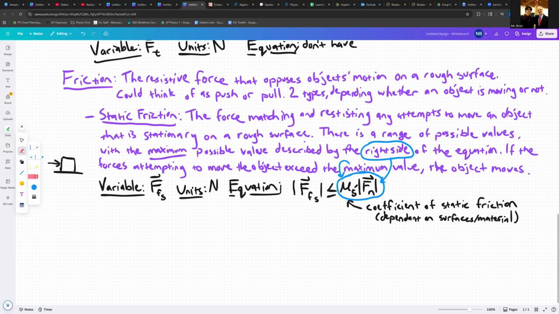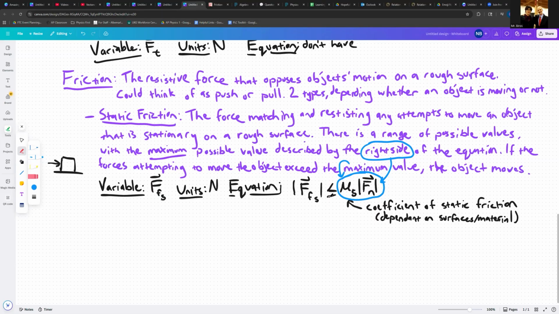So it doesn't really matter what that is. If you have 300,000 newtons times 0.5, you've got a huge possible amount of force, which means you would have to get a lot of people to push on that train to get it to move, right? Or the train engine is outputting a ton of force to get it to move.